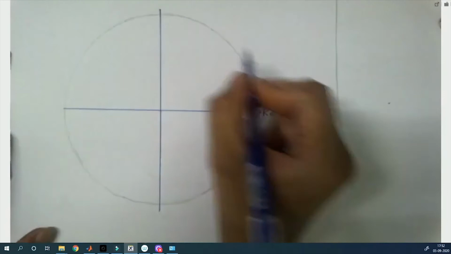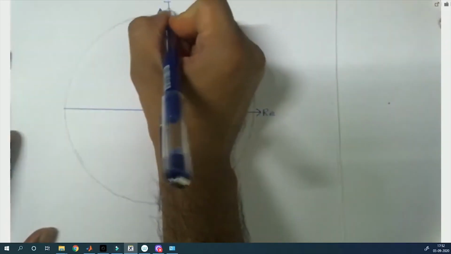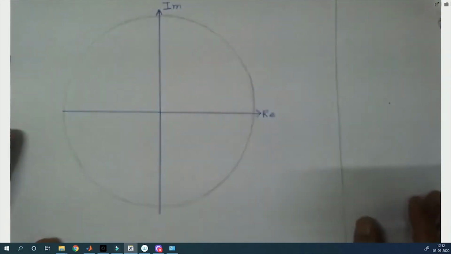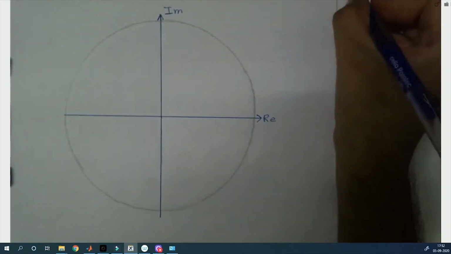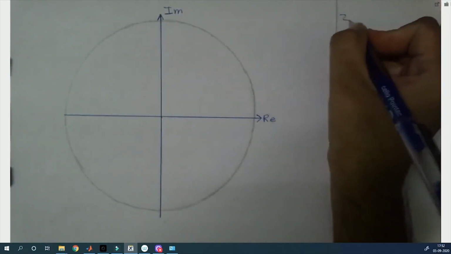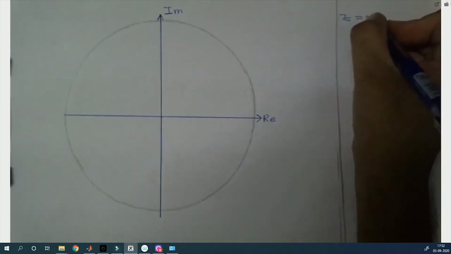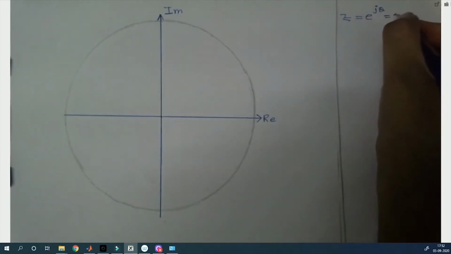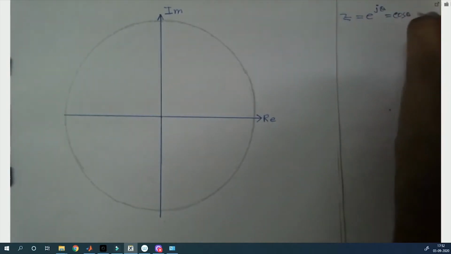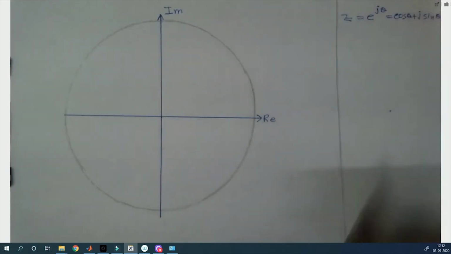of a complex number and the vertical axis representing the imaginary part of a complex number. Now consider a complex number z equal to e to the power j theta, which is the same as cosine theta plus j sine theta.